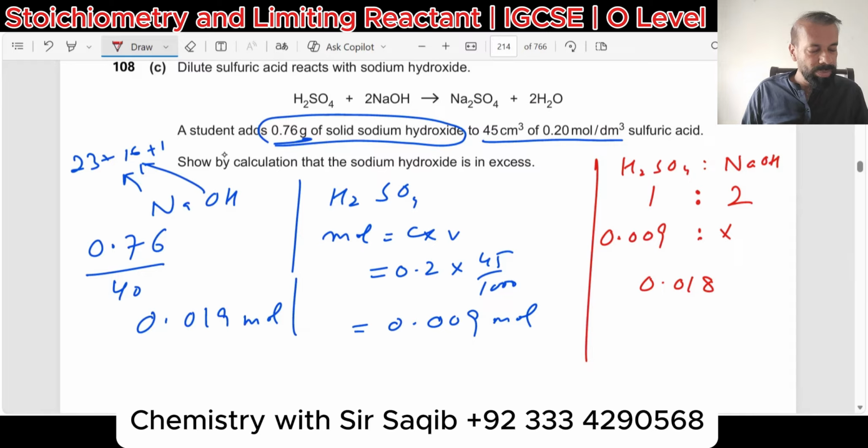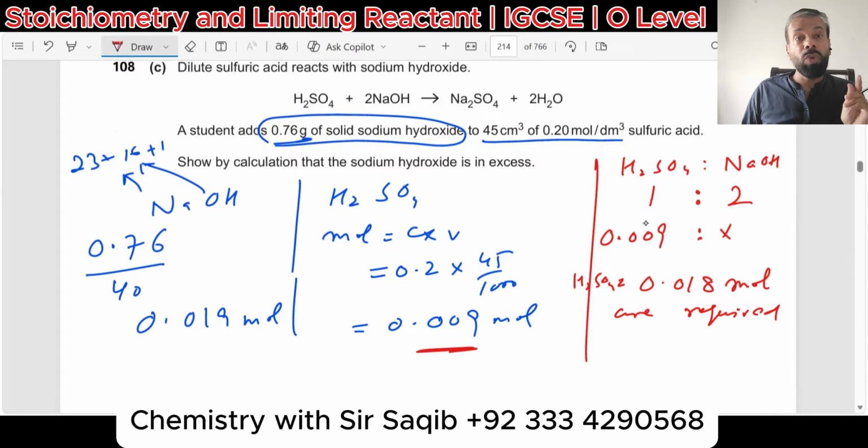Sorry, this is NaOH required. But actually what you have is 0.019, hmm, compare: the acid moles are 0.009, which is less than our requirement. It is less than what we need for complete reaction. You got this?